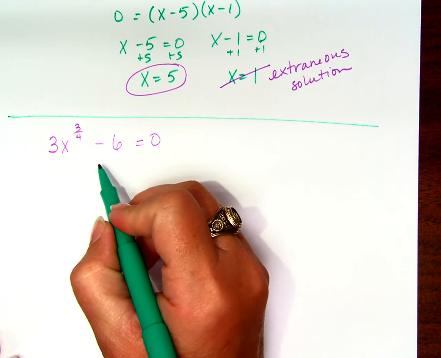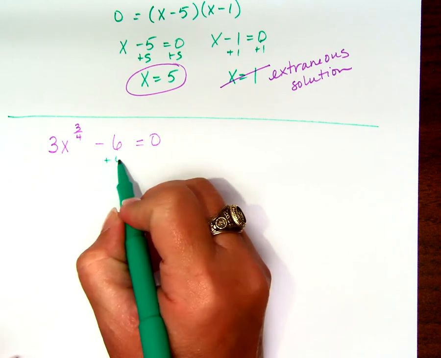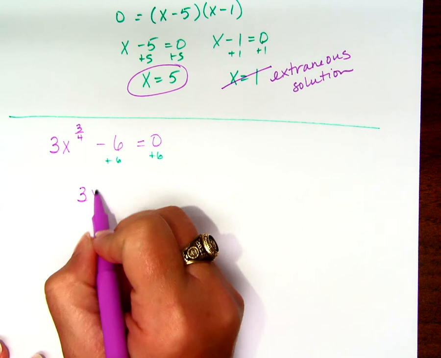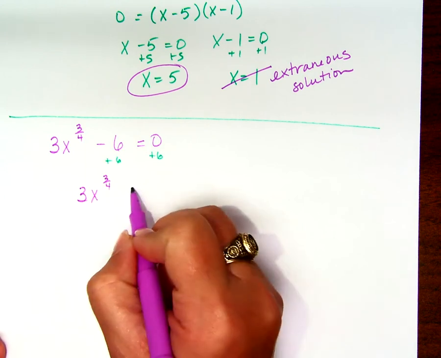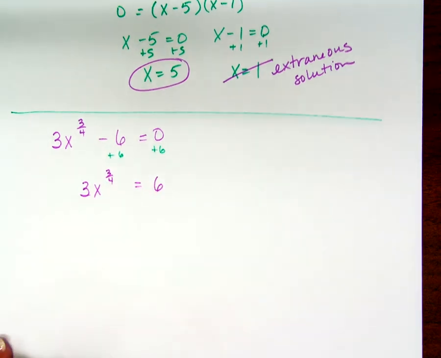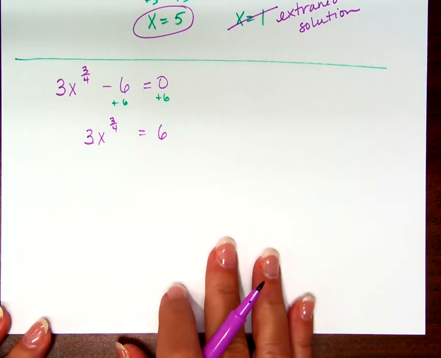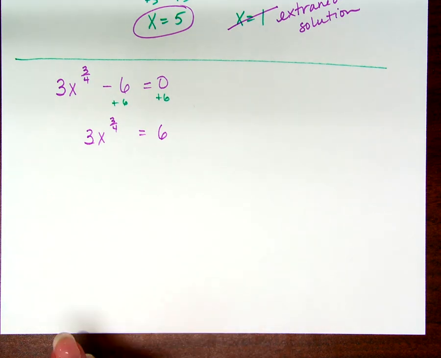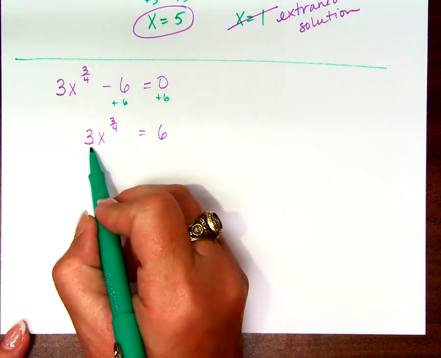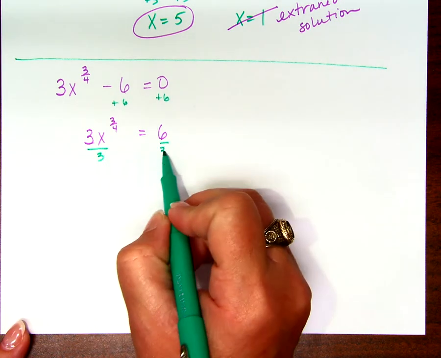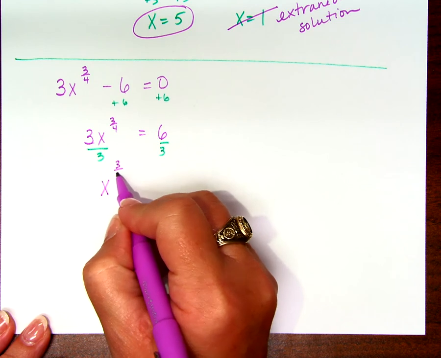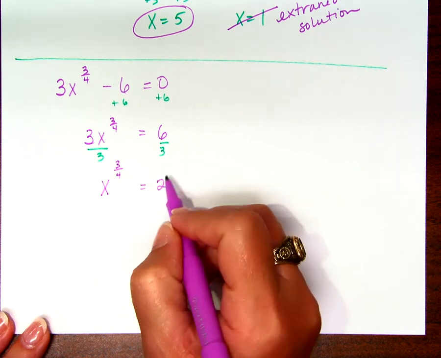I mean, add 6. 3x raised to the 3/4 power equals 6. Now what? We're just trying to isolate the x, right? So what do we do now? Divide by 3 on both sides. x to the 3/4 power equals 2.